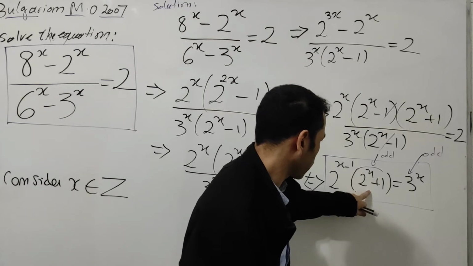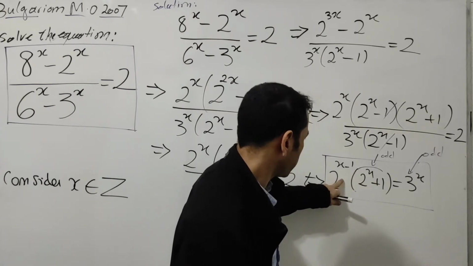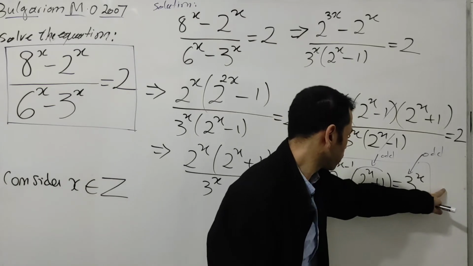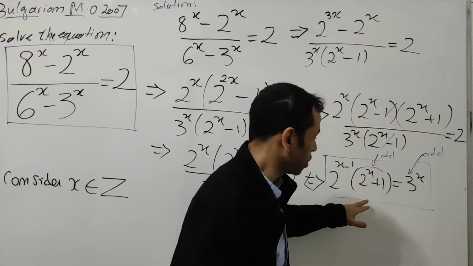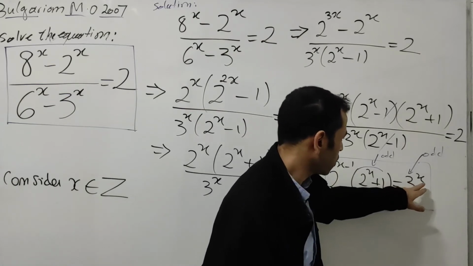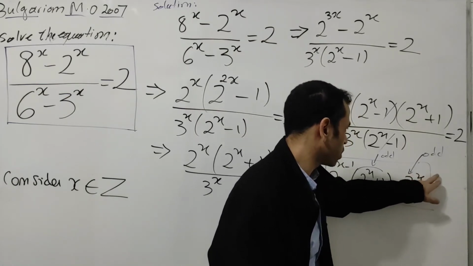That means odd multiplied by even gives even, but the right hand side of this equation is odd. This is not normal. Now we have to figure out how to fix this equation to make both sides the same, even or odd.